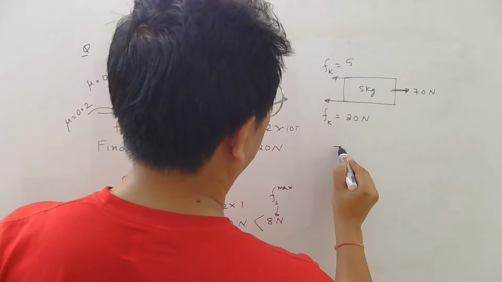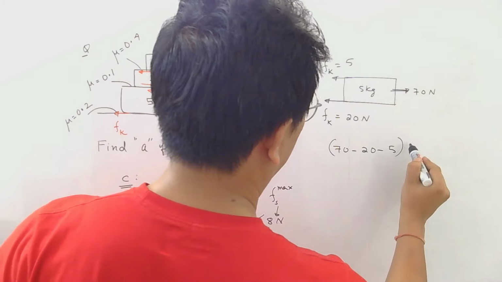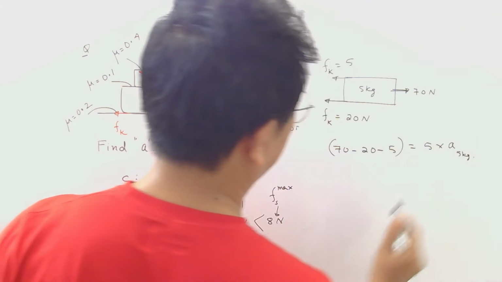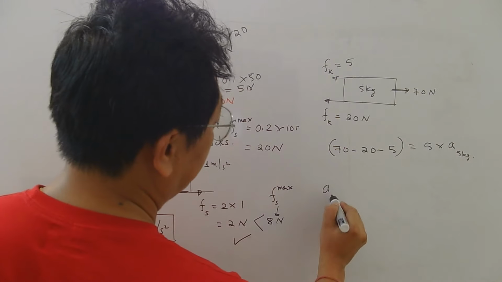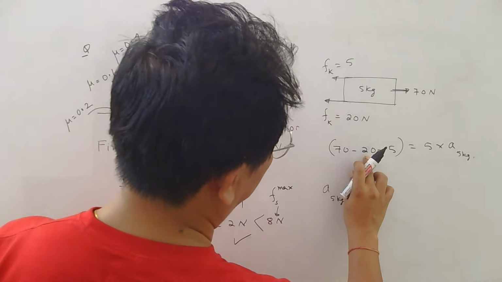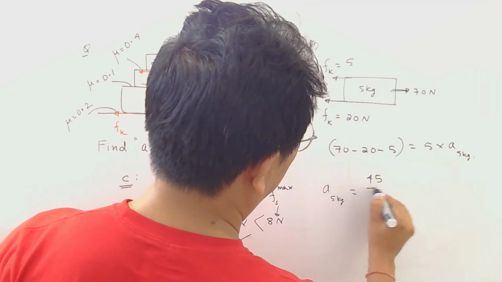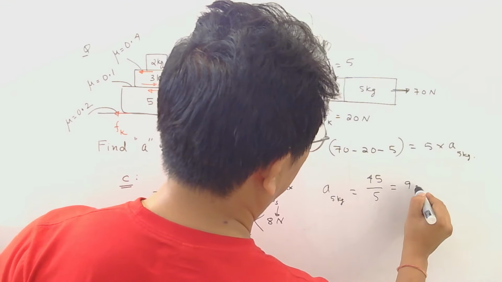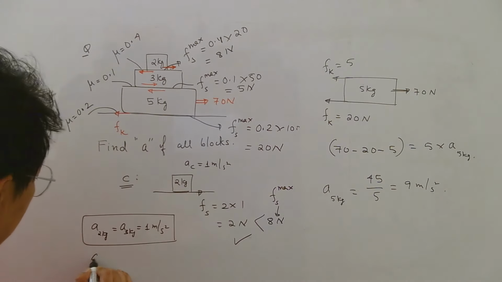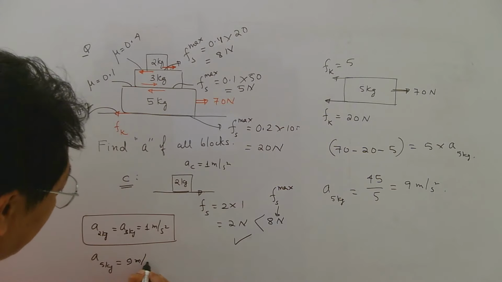So net force will be 70 minus 20 minus 5. That should be mass into acceleration of 5 kg. So the acceleration of the 5 kg block will be 70 minus 20, 50, 50 minus 5, 45, by 5. So 9 meter per second square. So the acceleration of the 5 kg block is 9 meter per second square.